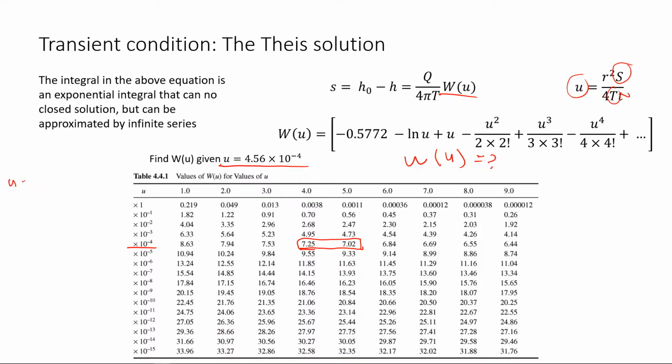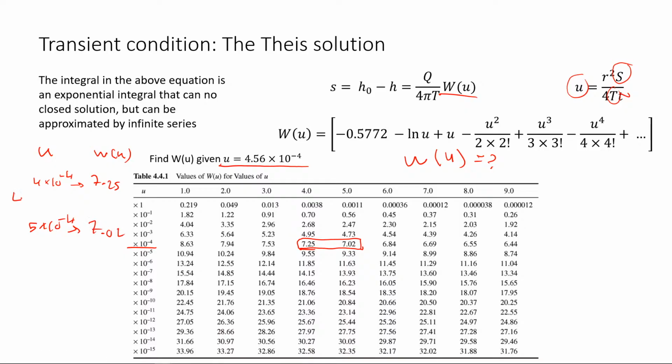At U equal to 4 times 10 to the power minus 4, I got W of U equal to 7.25. At U equal to 5 times 10 to the power minus 4, I got my W 7.02.